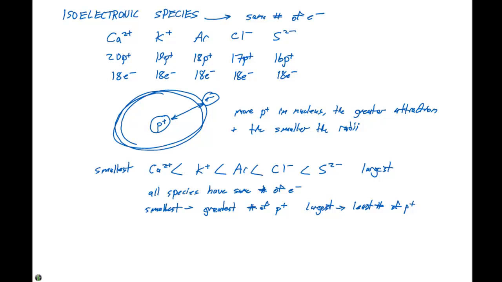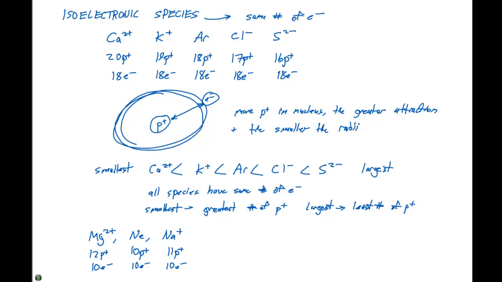So we can do the same exact thing if we compared magnesium 2+, neon, and sodium plus. So if we wanted to arrange these from smallest to largest, we first have to look at the number of protons and the number of electrons we have. Magnesium has 12 protons and 10 electrons. Neon has 10 protons and 10 electrons. Sodium plus has 11 protons and 10 electrons.